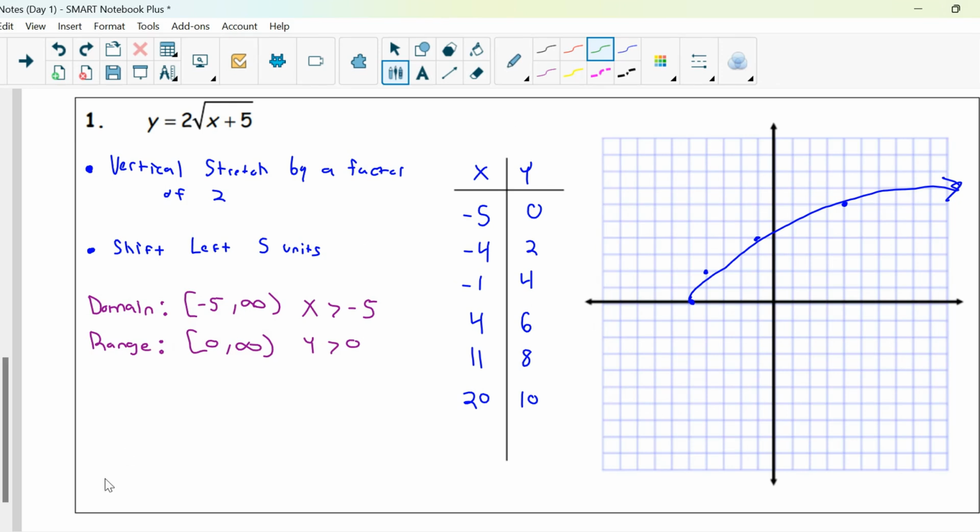Finally, we've got the x and y intercepts. So my x-intercept is going to be right here at this point, -5 and 0. And my y-intercept, it's going to fall somewhere in between. So for your y-intercept, you are actually just going to want to plug 0 in for x.